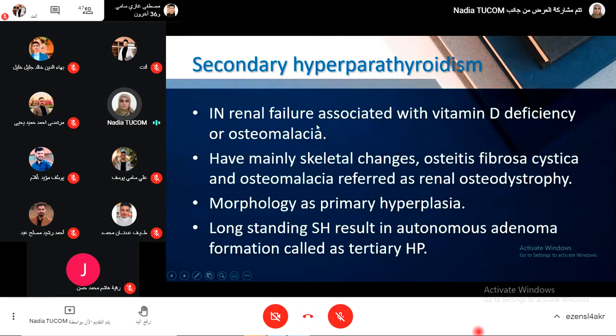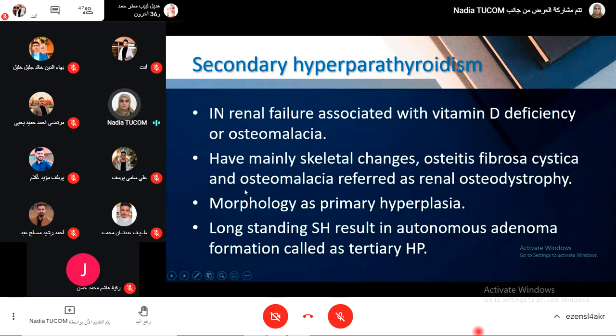So in a patient with renal failure associated with vitamin D deficiency or osteomalacia, mainly skeletal changes, osteitis fibrosa cystica, and osteomalacia are called renal osteodystrophy. Renal osteodystrophy means bone changes or skeletal changes secondary to renal impairment or renal failure.